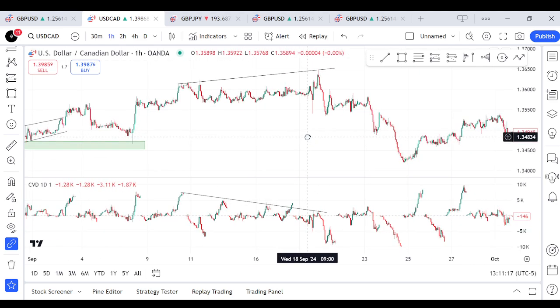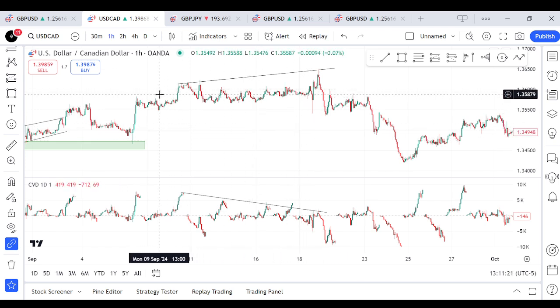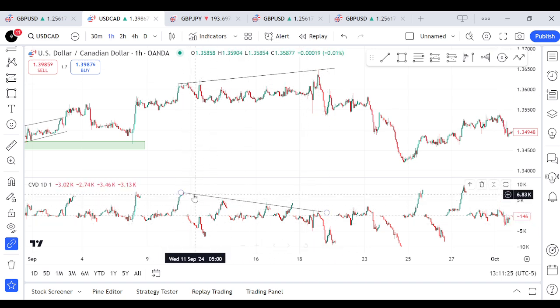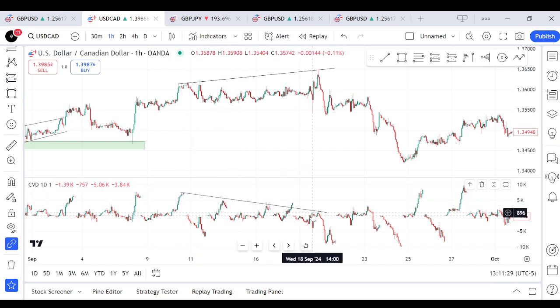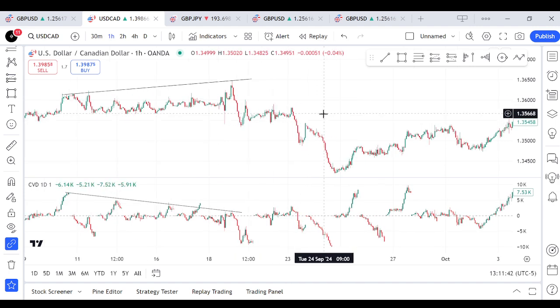And this is another example of a bearish divergence. You can see price giving us higher highs and higher lows, but the CVD was giving us lower highs and lower lows, as you can see right here. And this could indicate that we should be looking for selling opportunities in the market, opportunities to short.